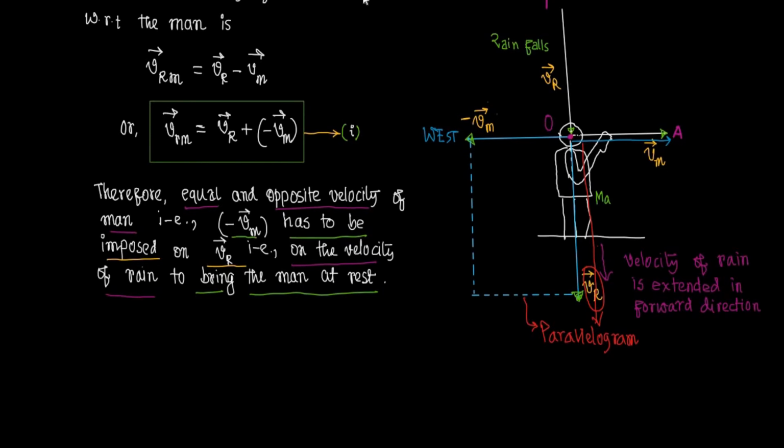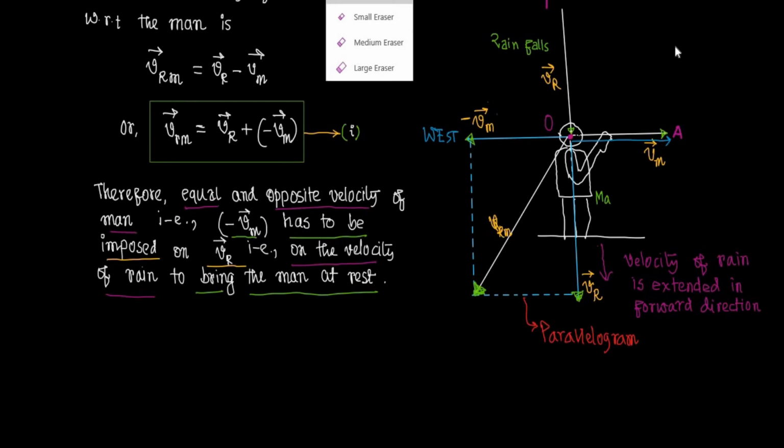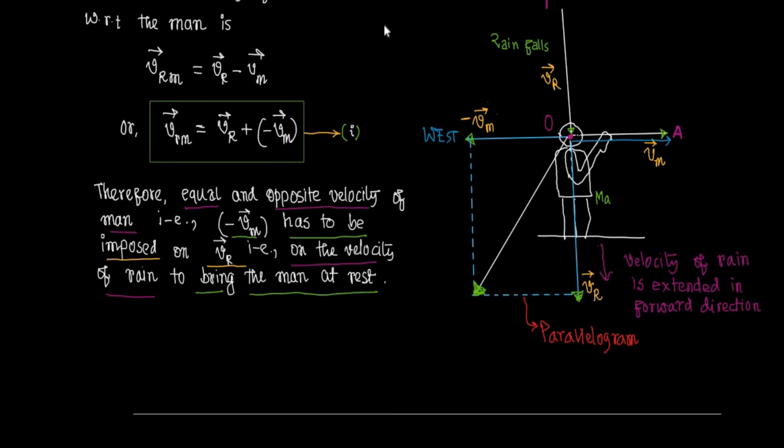According to the parallelogram law of vector addition, along this diagonal vector Vrm will be acting.